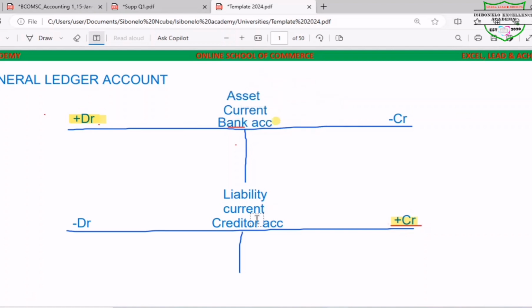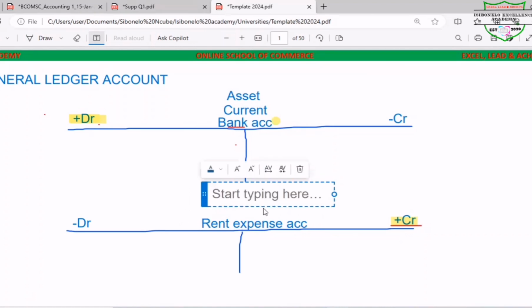And then the second account affected is rent expense. This one is an expense account.